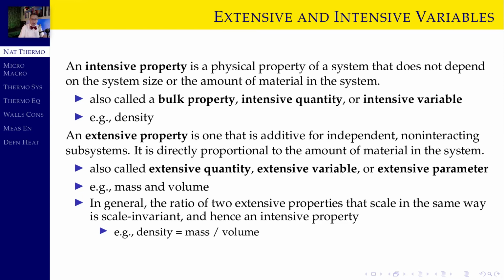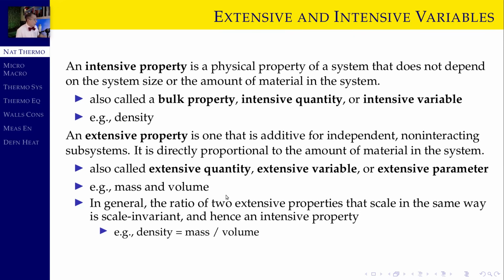We know very well that the amount of injury that we will get from the bucket of water will be much more than just a simple drop of water. The amount of energy there is an extensive property because now it is dependent on the amount of matter of the system. So, for example, here, mass or volume.